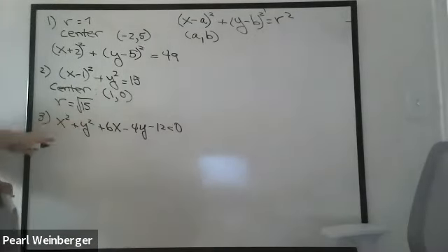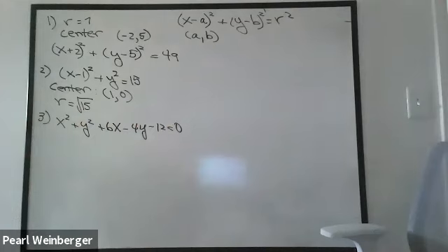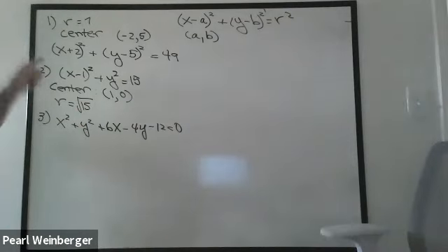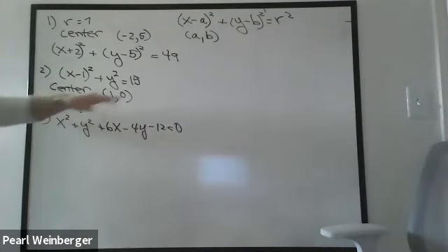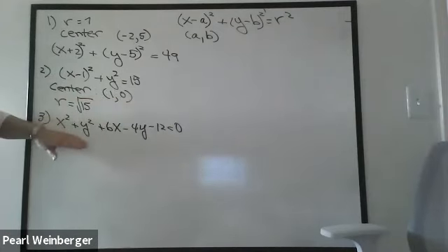Now they're telling us find the center and radius, which means, of course, that we're dealing with a circle, which we would have known because we see this x squared and plus y squared, and their coefficients are both 1. That is the indication that you have the equation of a circle. Doesn't matter what else is going on. It's the x squared and the y squared that determine this is the equation of a circle.